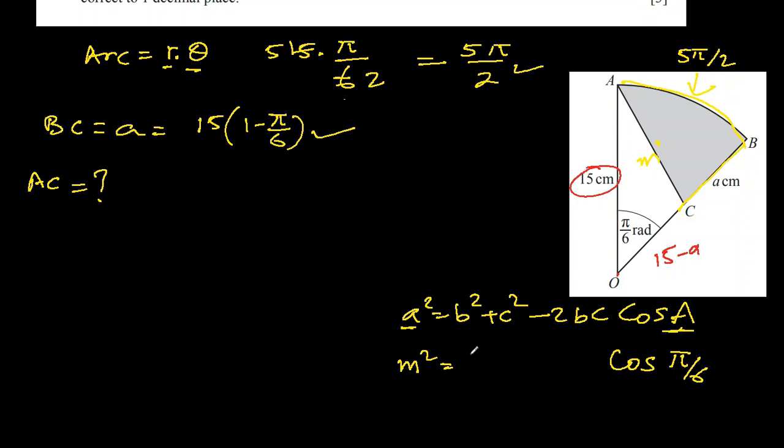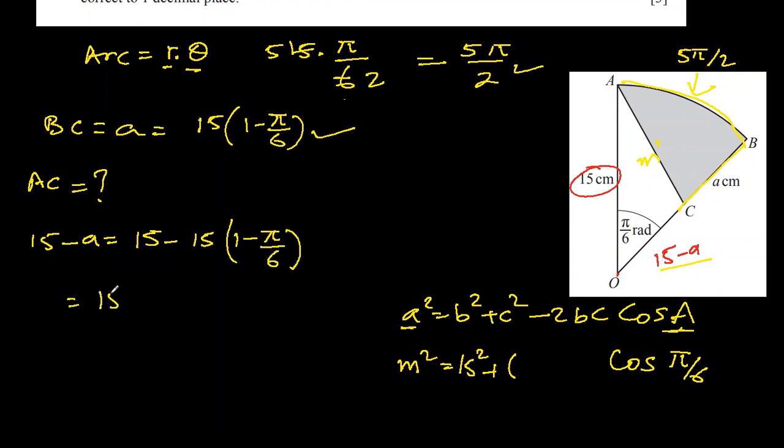One is 15, so let me write 15 squared here. The other one is 15 minus A, squared. Let's find 15 minus A. The value of A is 15 times (1 minus pi over 6).